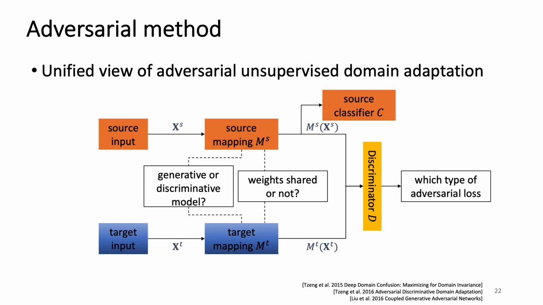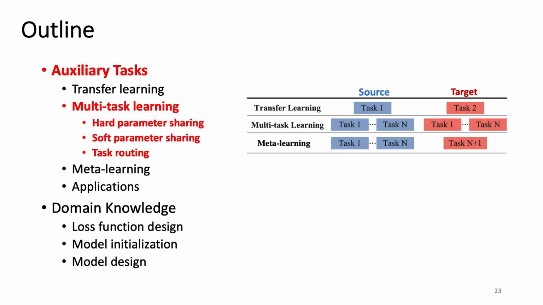So you basically want the source domain and the target domain to be similar after the mapping. Okay, so that's the big idea of this unsupervised transfer learning. You're basically mapping the data samples from the source domain and target domain to be similar. And that's all about transfer learning.